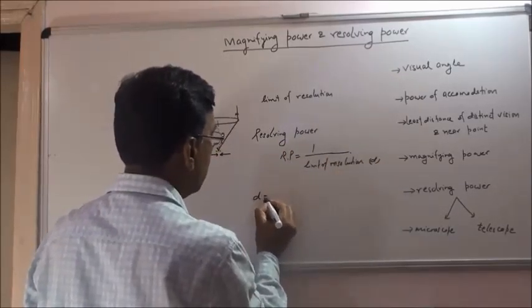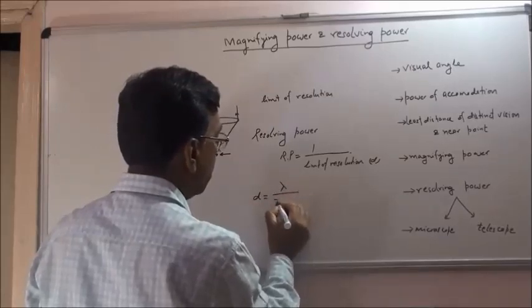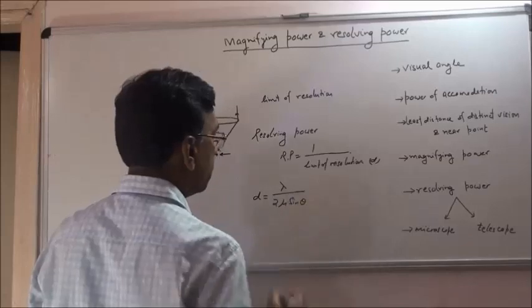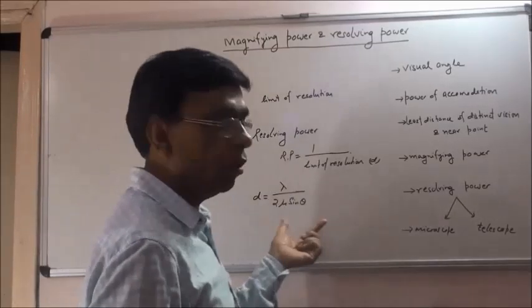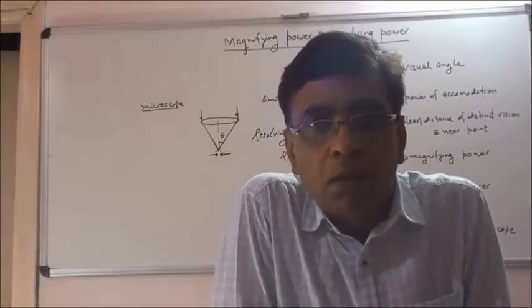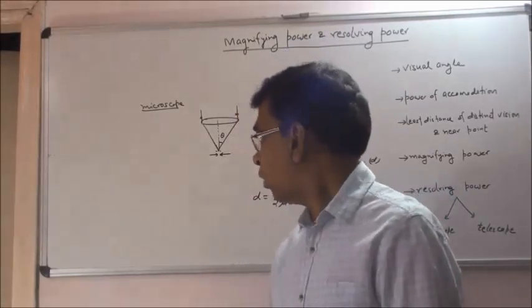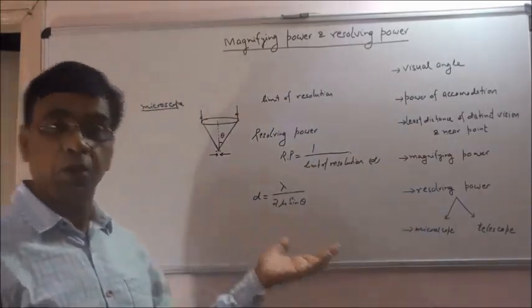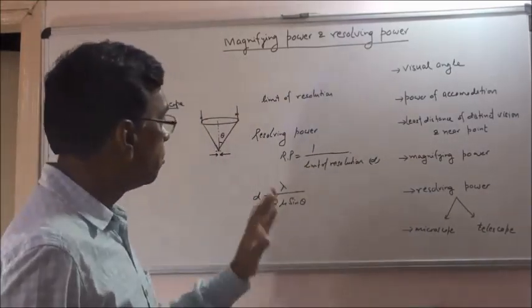And this d is lambda upon 2 mu sine theta. The derivation of this expression is beyond your syllabus. It requires some mathematics at a higher level. It involves diffraction actually also. So you can leave that.